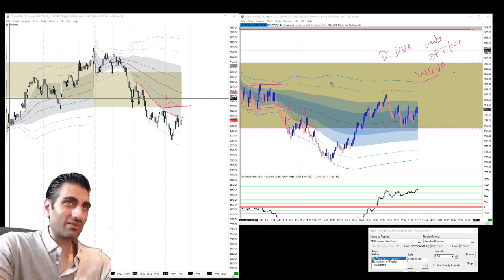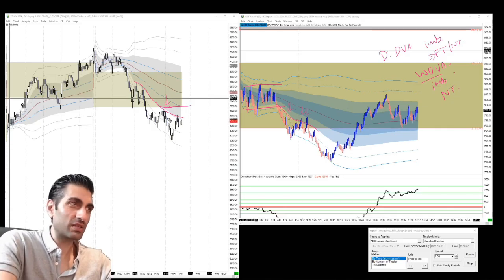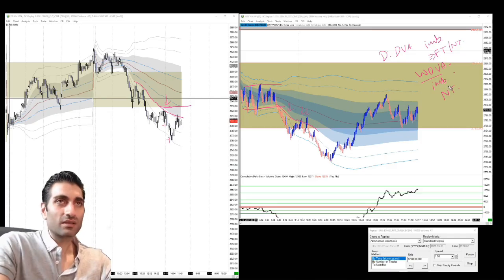So let's just say it's imbalanced, probably more like a normal to fast trend. You're probably just closing here as you get in. That's okay. At the end of the day, you've still got plenty of space to your second standard deviation band. So something like that makes a lot of sense.